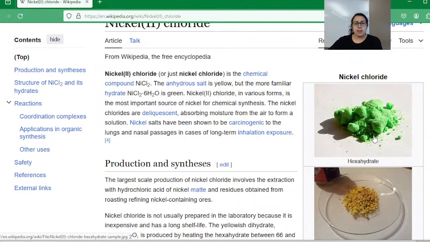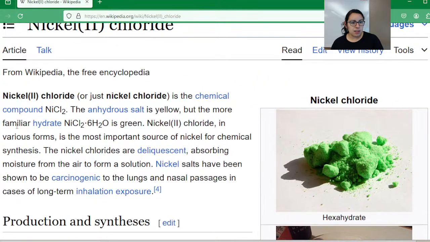This is hexahydrate, hexa meaning 6, and we'll learn how to name it as well. Here it is on the Wikipedia page, and I'll put it in the notes as well. They have nickel chloride, and then there's this little dot. It's kind of hard to see, and some students get confused about that.